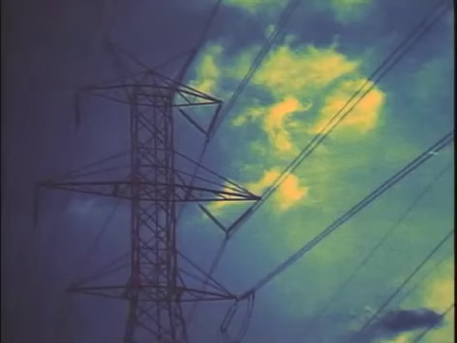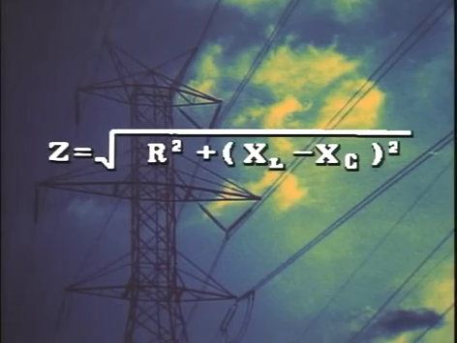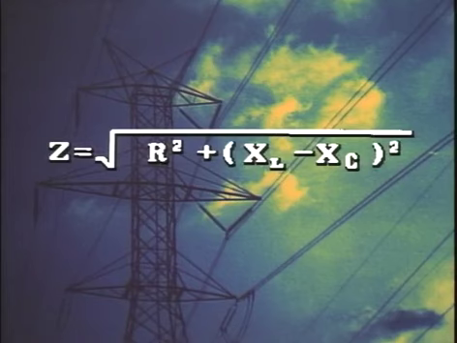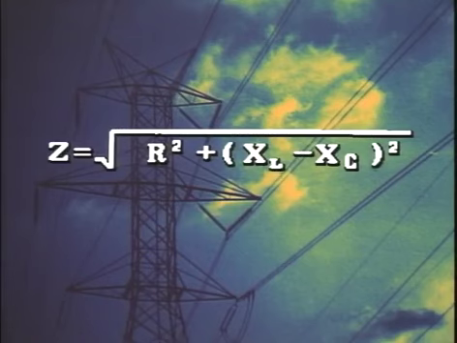loss in transmission systems. As an equation, impedance can be expressed like this. Z equals the square root of R squared plus the difference between X sub L and X sub C, squared.